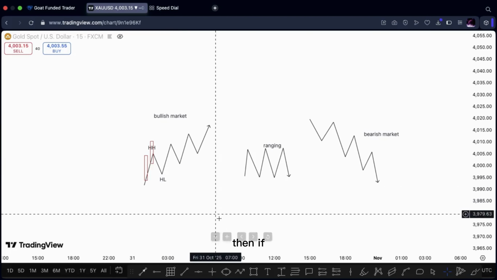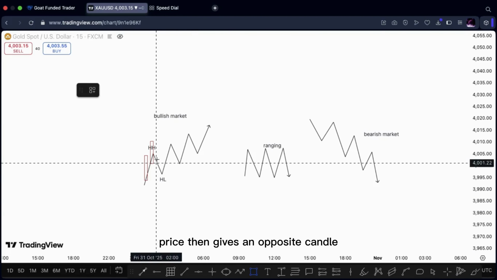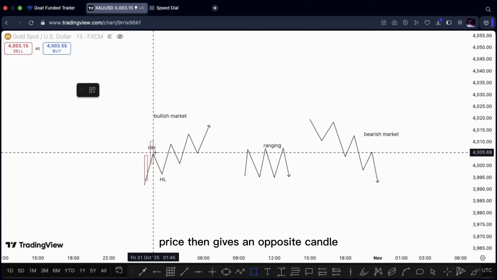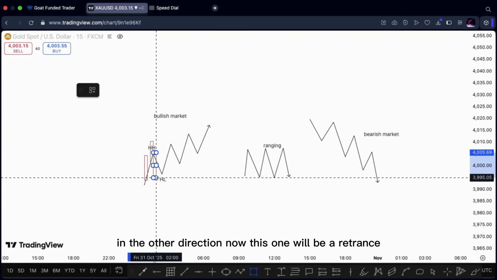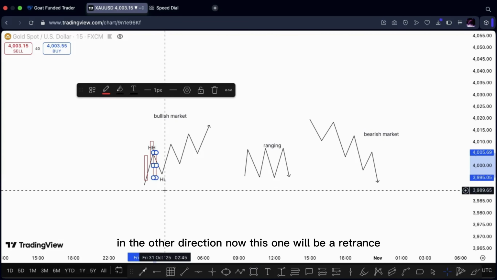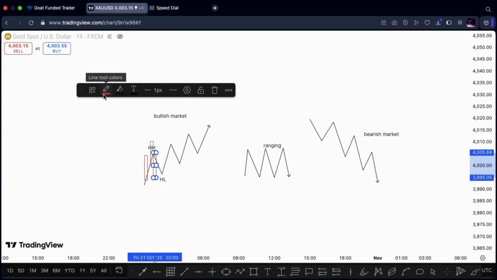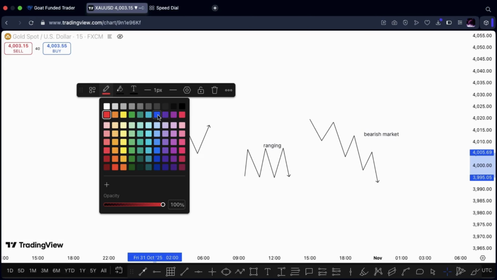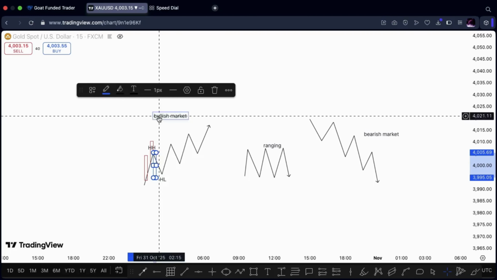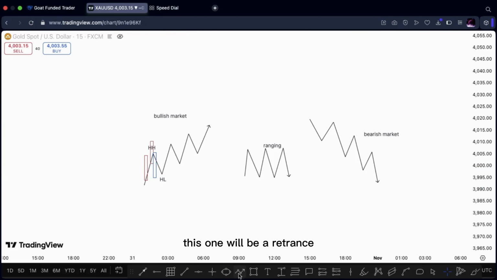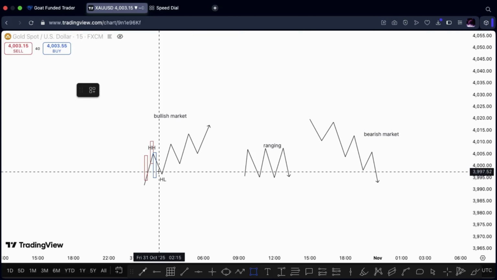Then if price gives an opposite candle in the other direction, this one will be a retrace.